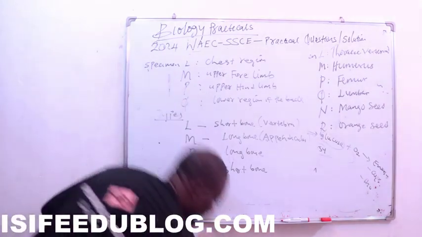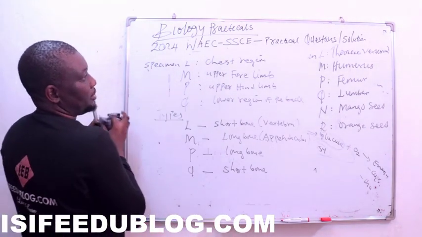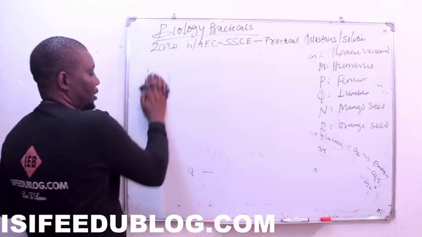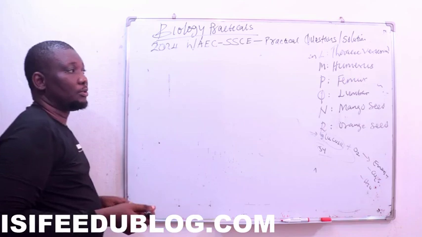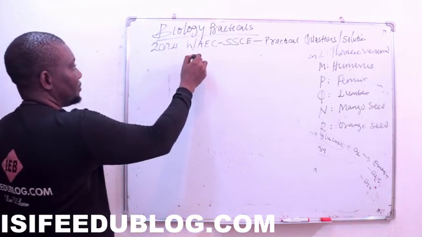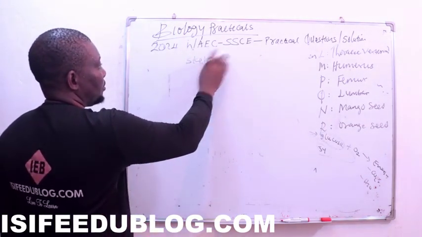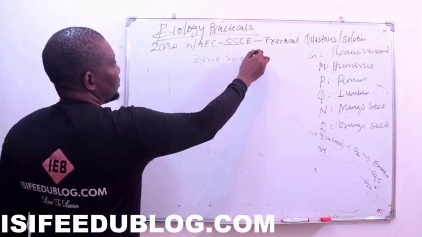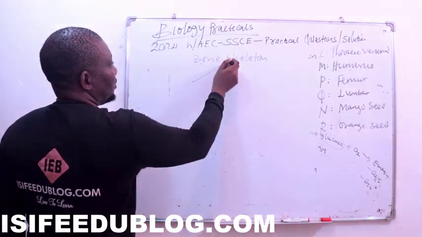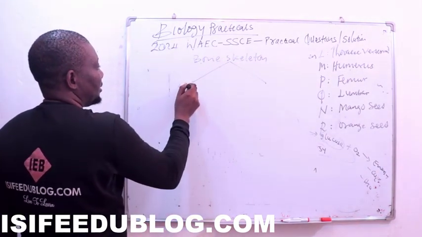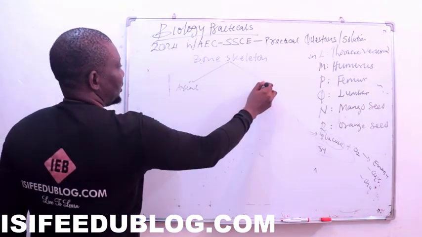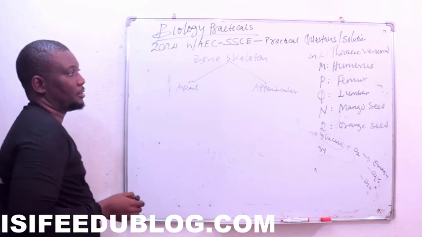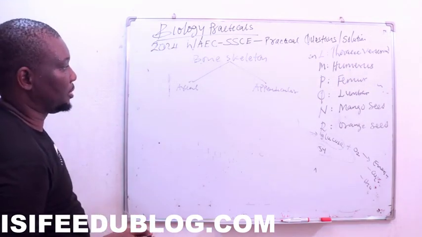Now looking at the next important notes on the four bones. Let's classify the bones. You know that the skeleton, or what we call bone, is of two types: axial and appendicular skeleton.